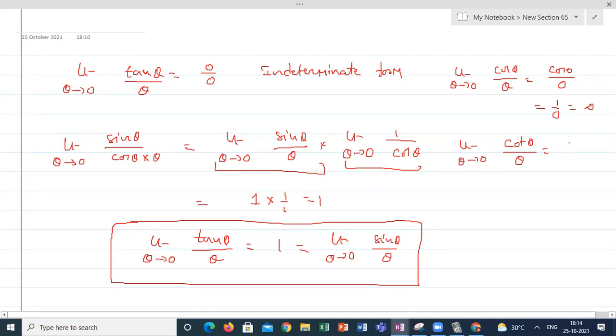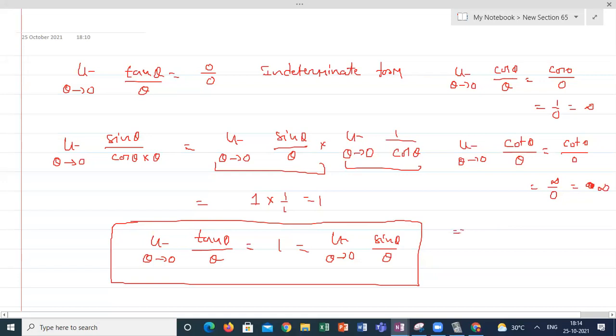What is the value of cot 0? Undefined. That is infinity by 0, correct? Infinity by 0 is what? Infinite. I can write infinity only.